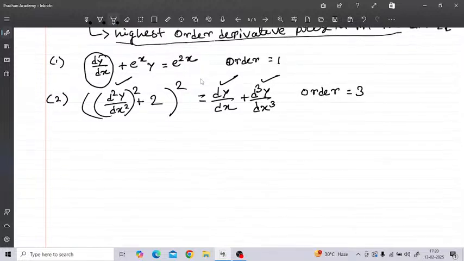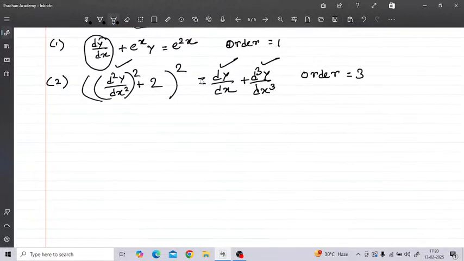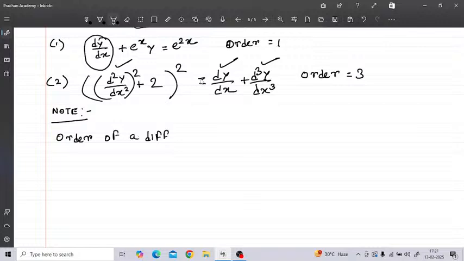Now there are some things we have to be careful about, so note: order of a differential equation is always a positive integer.